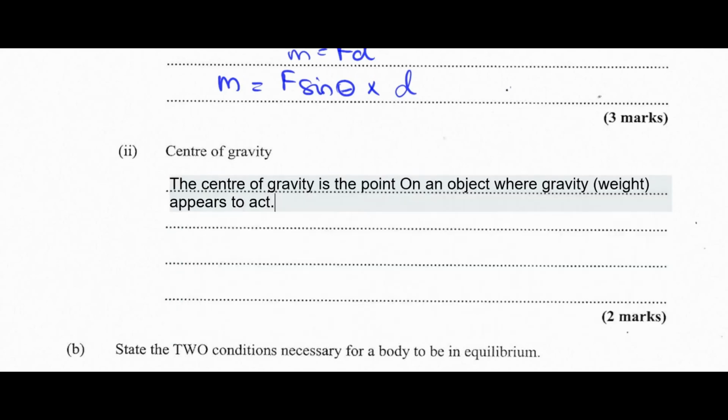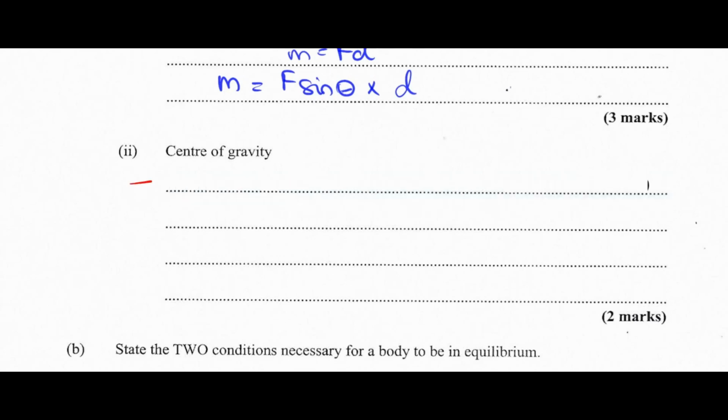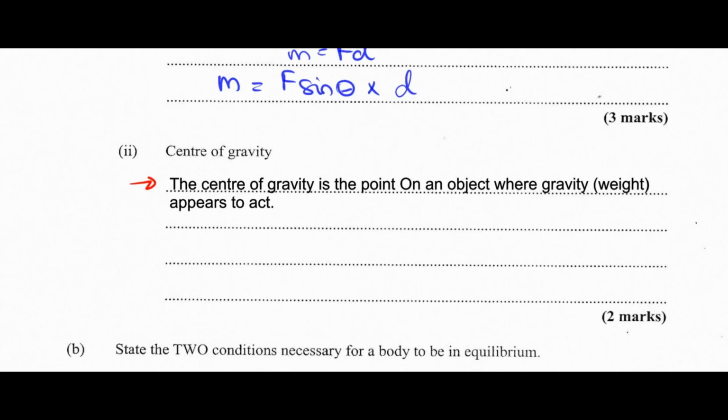Now, it's quite easy to get this mixed up with what exactly the center of mass is. The center of mass is not the same thing as the center of gravity, even though they're closely related. The center of mass is the mean or average position where it appears that the mass of an object is concentrated.